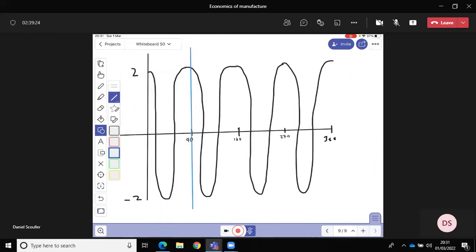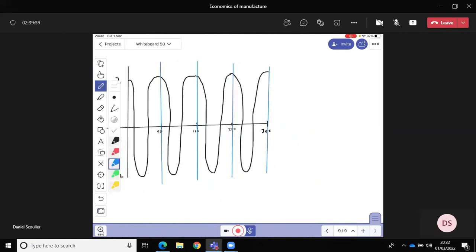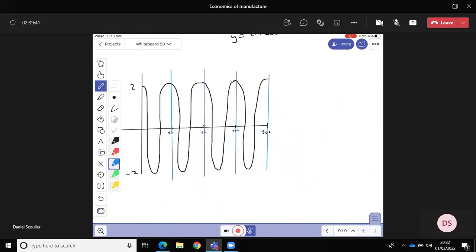Every 90 degrees, we've got a full cos. So I'm just sectioning that up so it's a wee bit easier to see. But every 90 degrees, what I'm trying to draw there is a full cos.